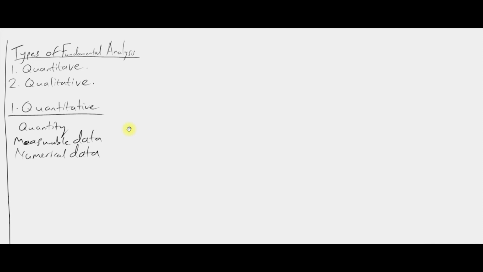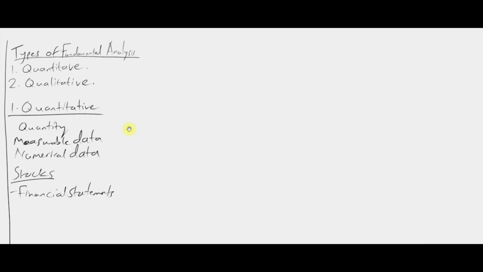Now let's look at the application. We're going to look at this in two broad categories: stocks, and other financial market products. In stocks, when you're doing quantitative analysis, this is where we talk about financial statements.